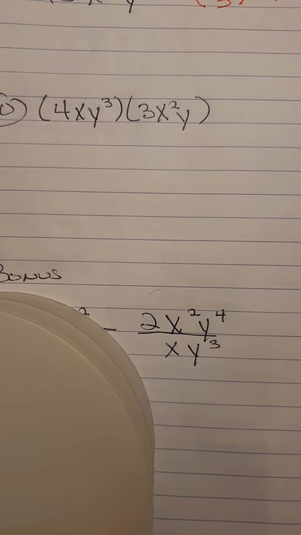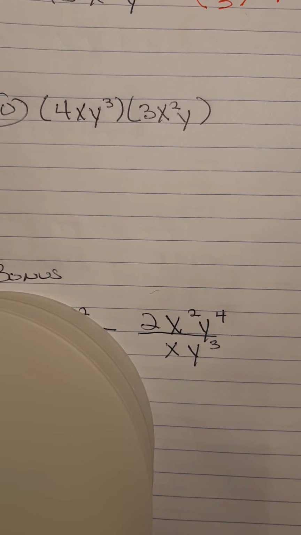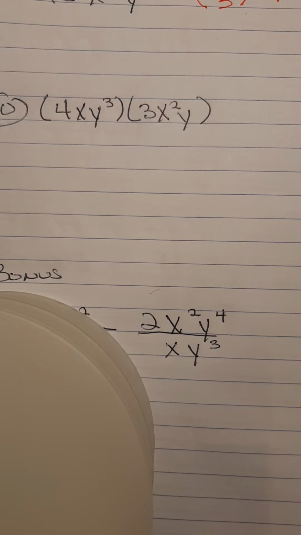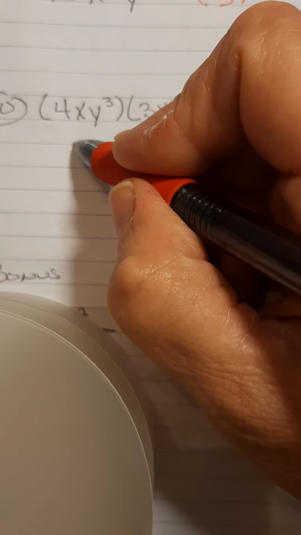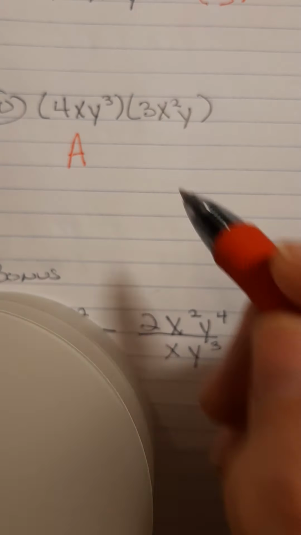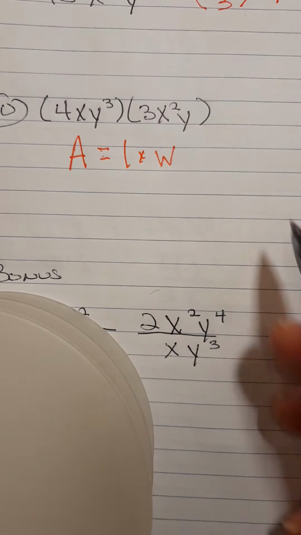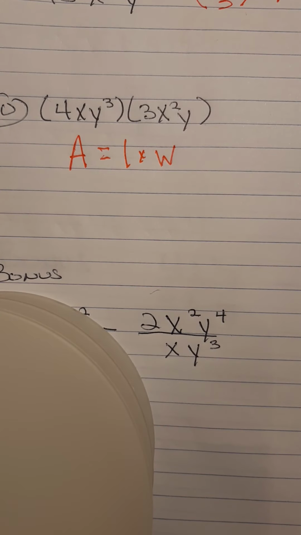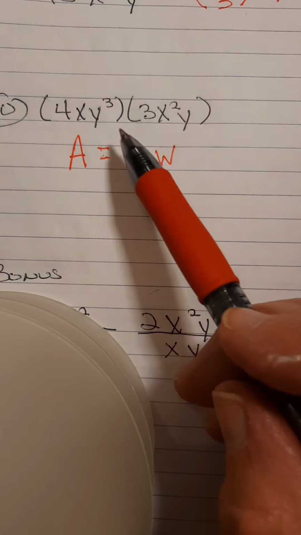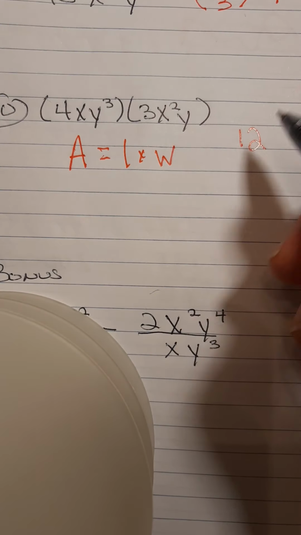All righty. We had a square in our problem, and well, actually it was a rectangle. And we know that if we're finding the area of a rectangle, area equals length times width. So if this is our length and width, we simply can multiply those. We start with our coefficients, or 4 times 3 is 12.